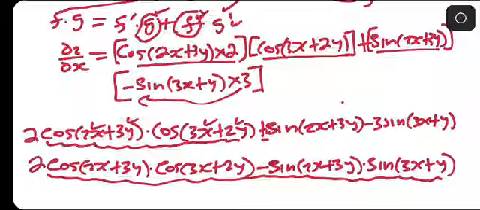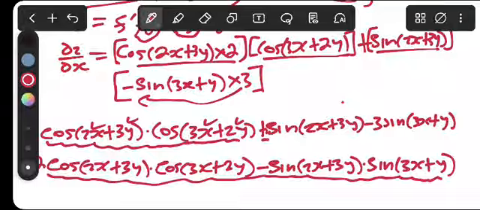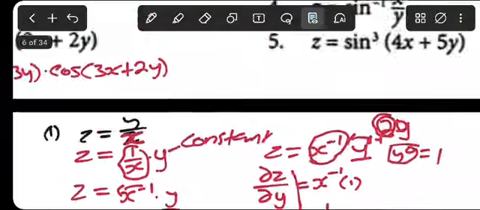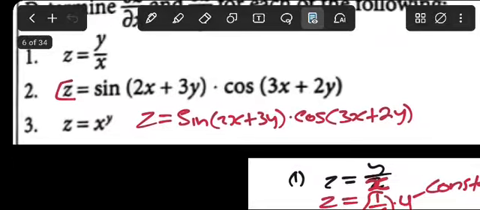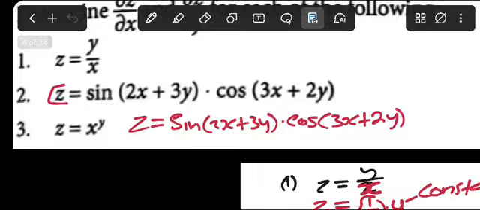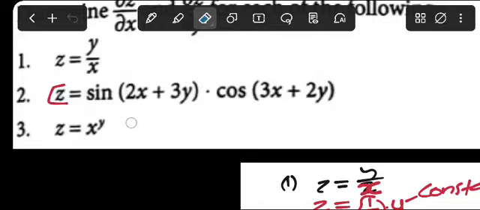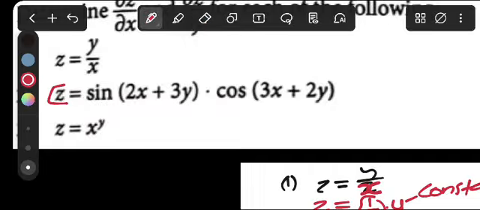You don't need to go further, we are just differentiating. You can leave it here or you can go further. What is important for you is to differentiate. All right, so number 3 we have that.